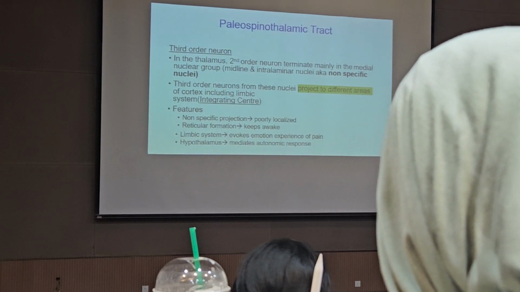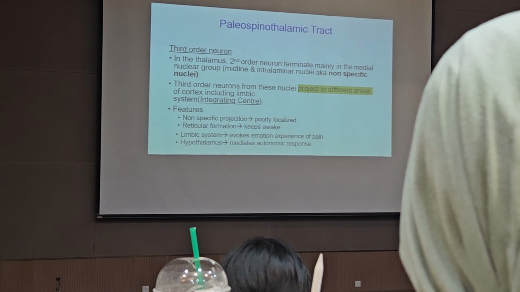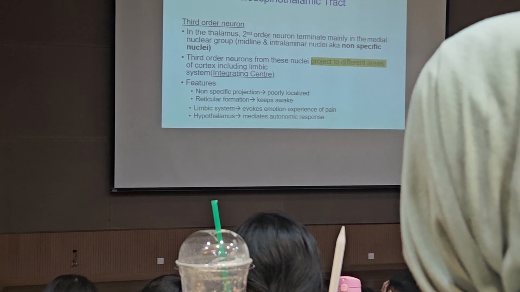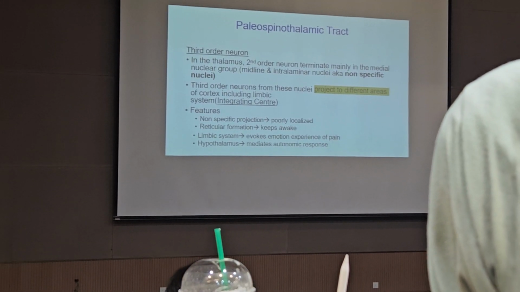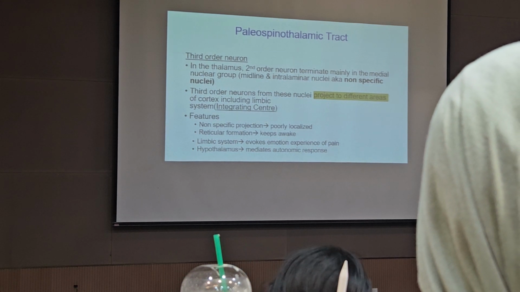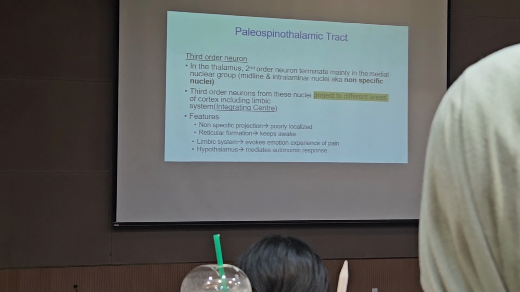A lot of autonomic responses will occur. So the difference is that paleo, the slow type of pain, gives branches to the hypothalamus, limbic system, and reticular formation area. Okay, clear?